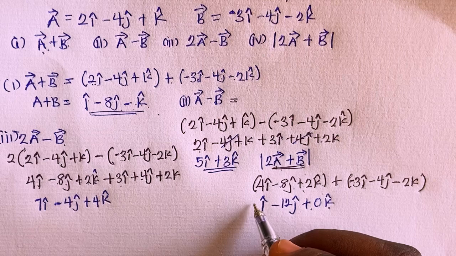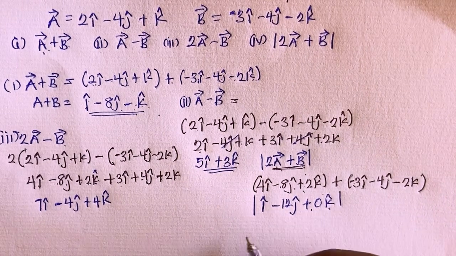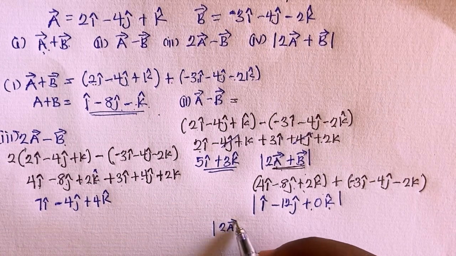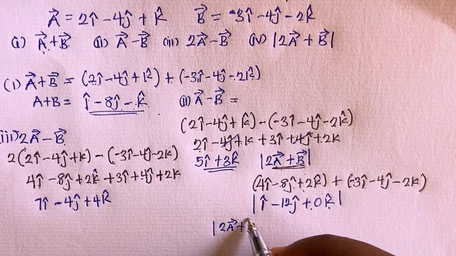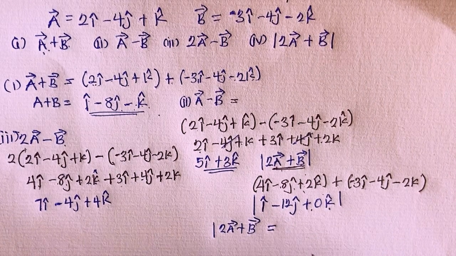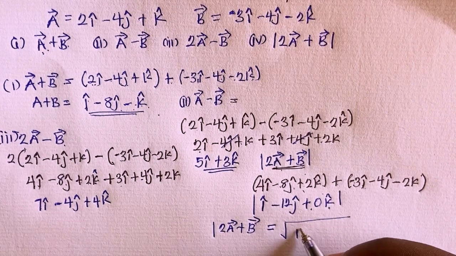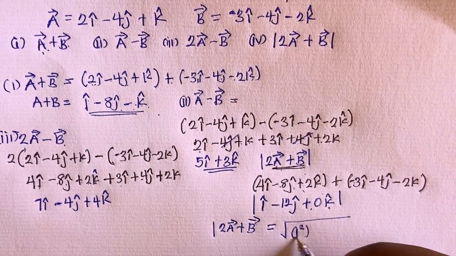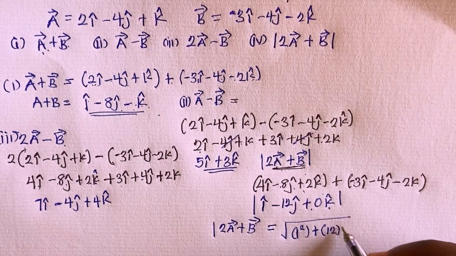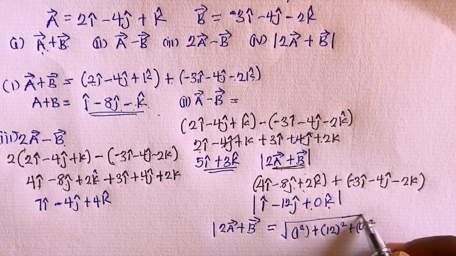Then let's go ahead and find the magnitude of this. The magnitude of 2 vector A plus vector B will be equal to the root of 1 squared plus minus 12 squared plus 0 squared.